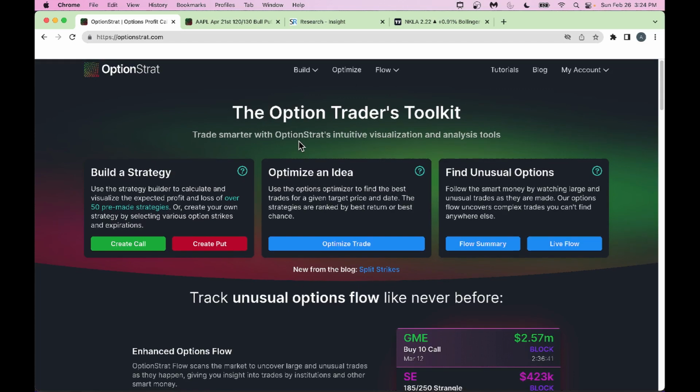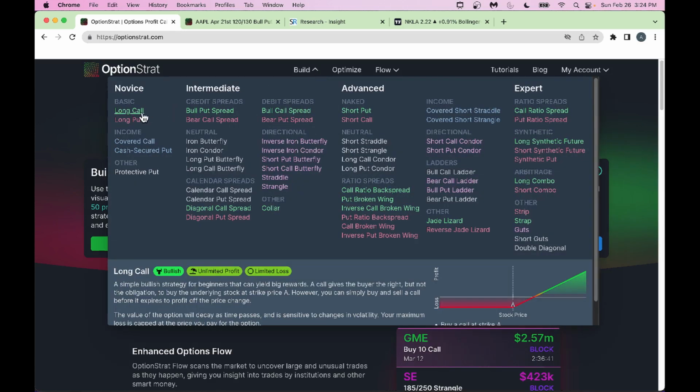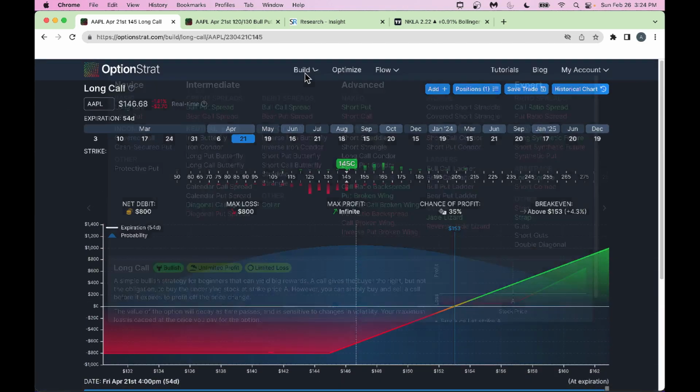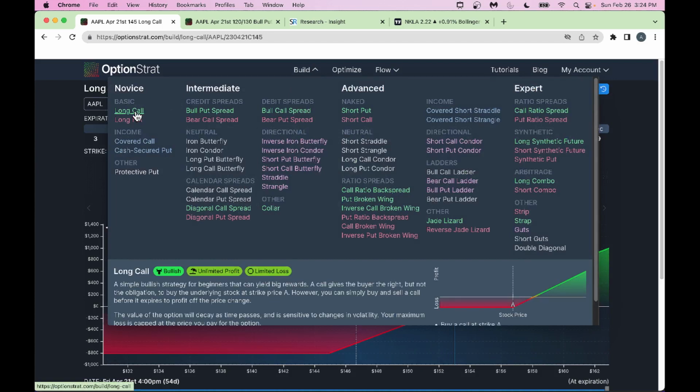Normally, if you would love to understand what options are, you could go into Build, and as you go into Build, as you can see here, you can buy a long call. It gives you a nice description about what a long call is. As you hover around long call here, look, it gives you nice information. You can learn about it. Long put, you can read through, gives you a nice diagram.